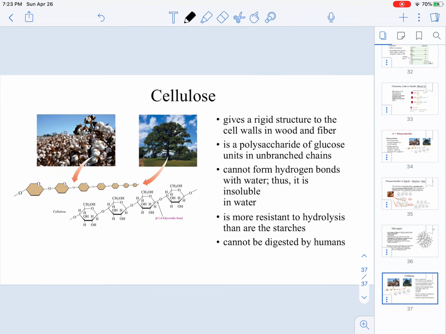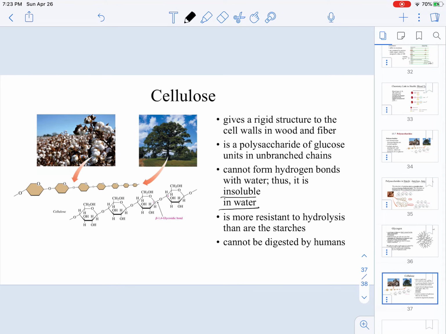Now, this polysaccharide cannot form hydrogen bonds in water, so that means that it is insoluble in water. Understand that cellulose, if we put it in our body, so for example, if you eat anything that contains fiber, we do not have the capacity to hydrolyze cellulose. So when we eat fiber, what it does is actually push things outside the body.